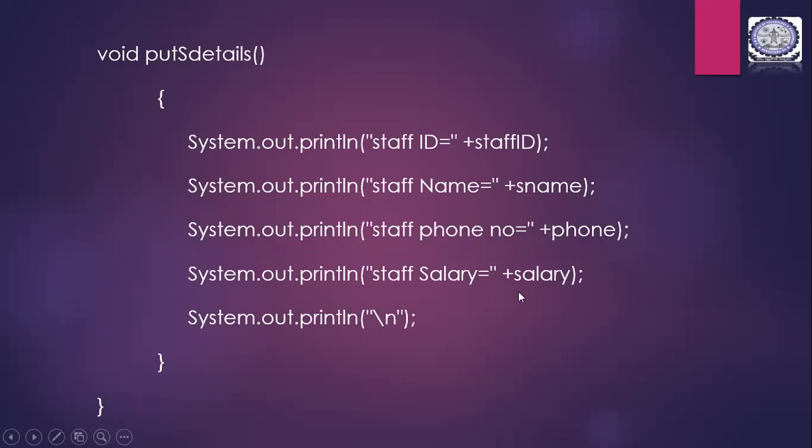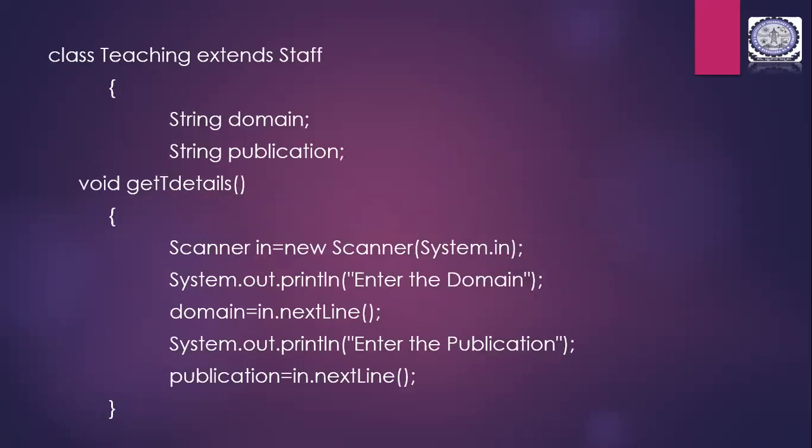Okay. Now, again, it has asked us to define the subclasses, right? So, we have the subclass teaching, it extends the staff. So, here you see we have used the keyword extends here. Teaching becomes the subclass of the superclass staff.